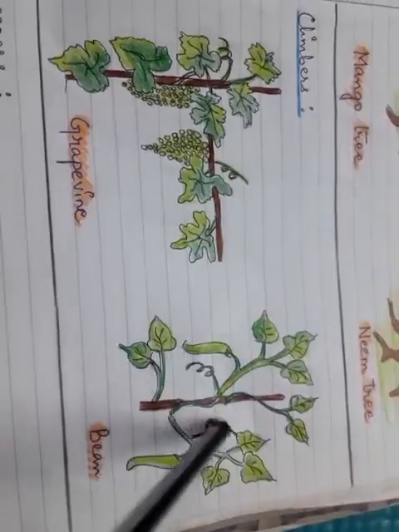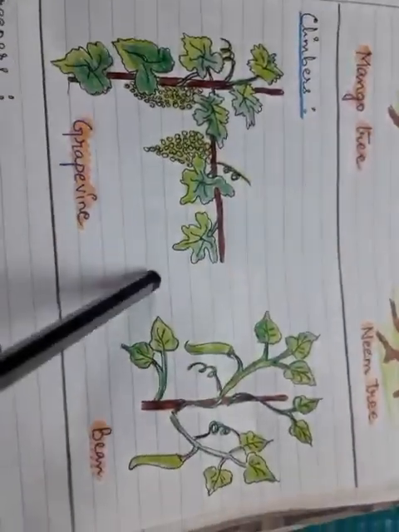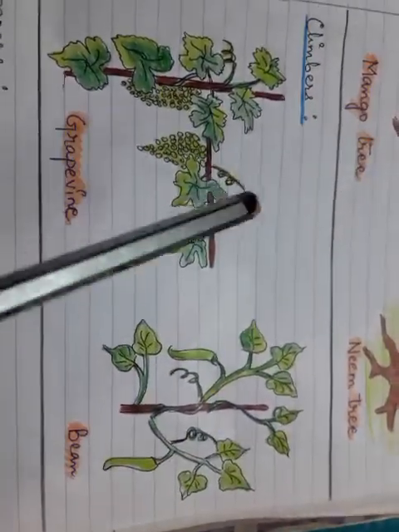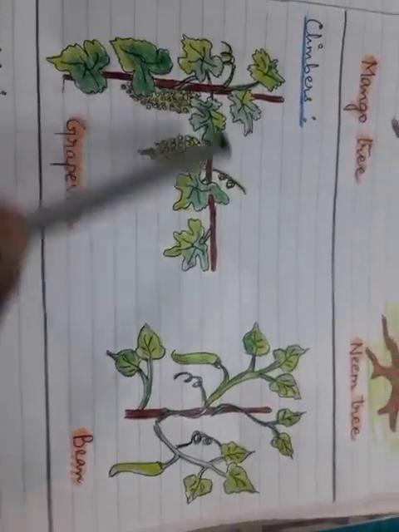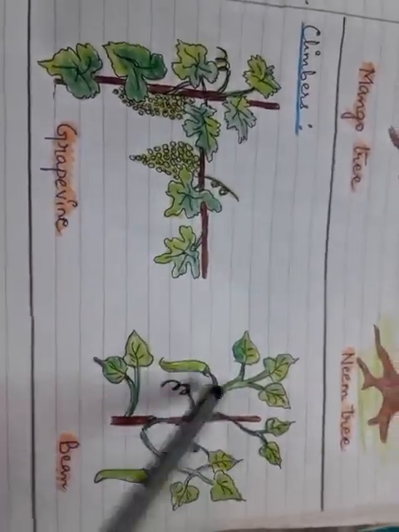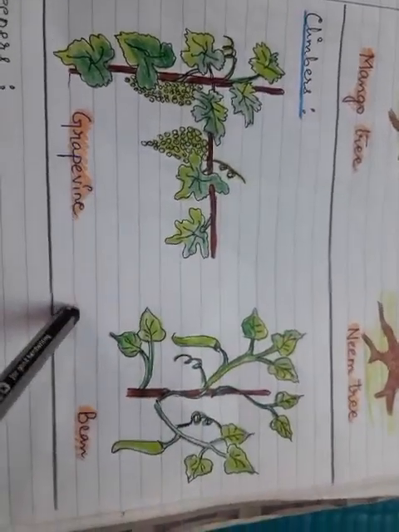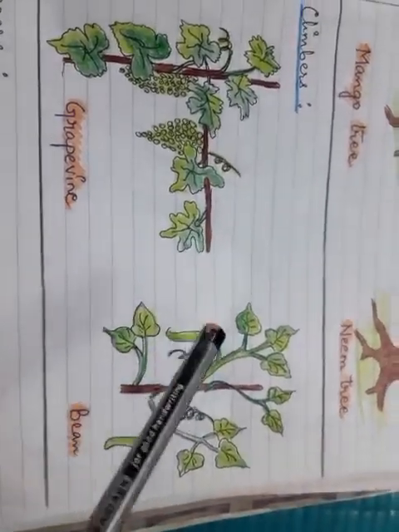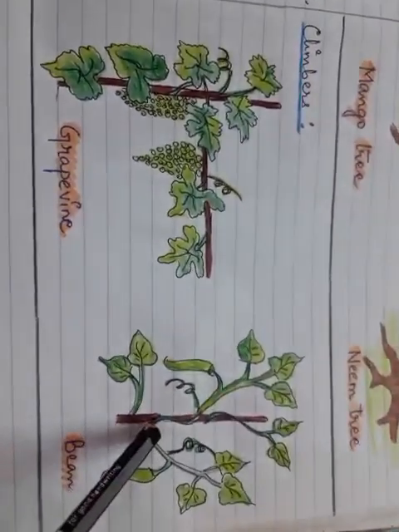Another example is the money plant. For example, grapevine, bean, betel gourd and money plant are examples of climber plants.